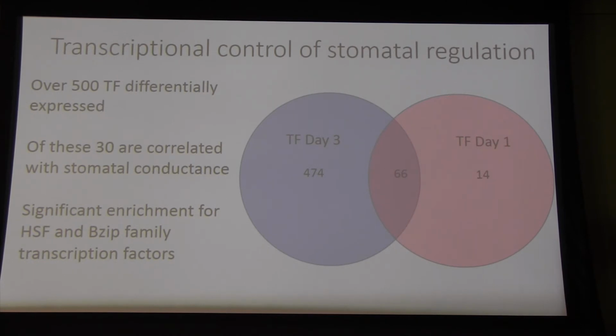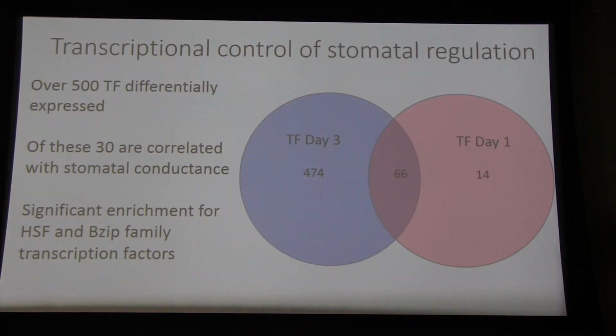And so I wanted to know what is coordinating this delicate balance between the negative regulation of this pathway and the upregulation of the pathway. And so the answer, I think, lies in transcription factors. And so I looked at all of the transcription factors that were differentially expressed under drought.